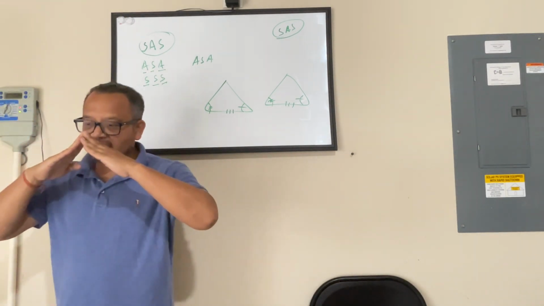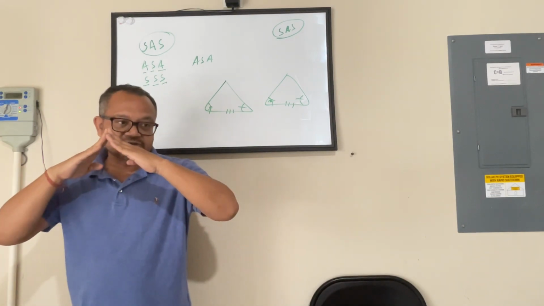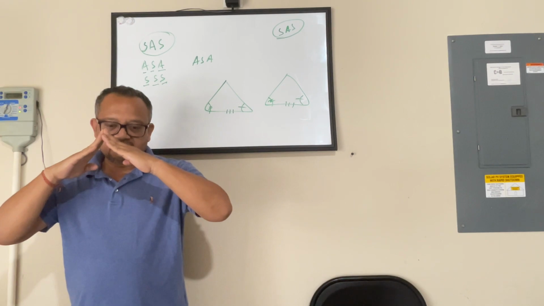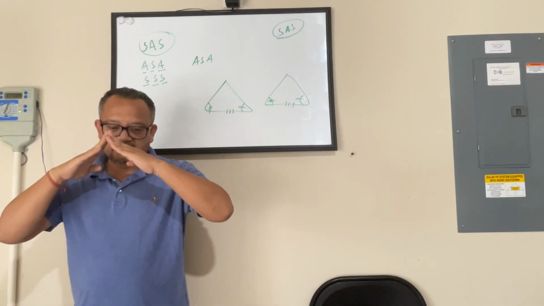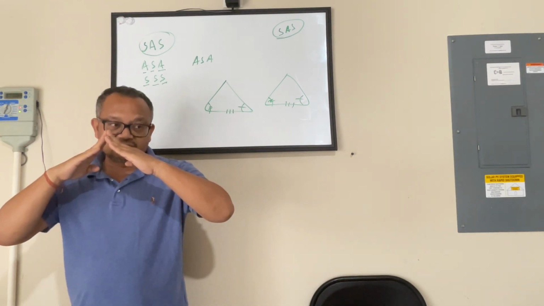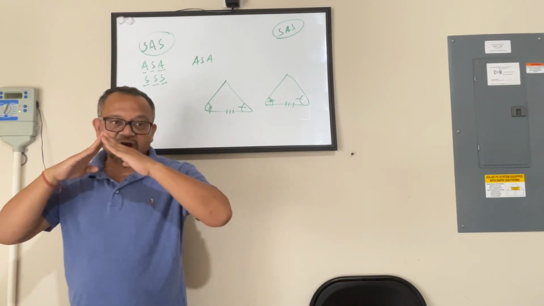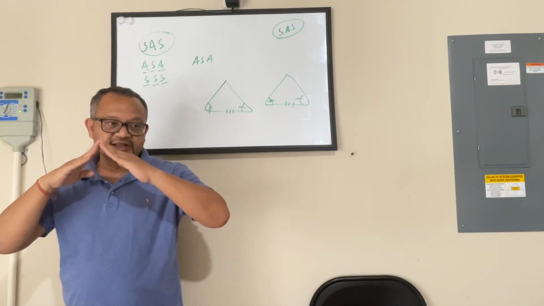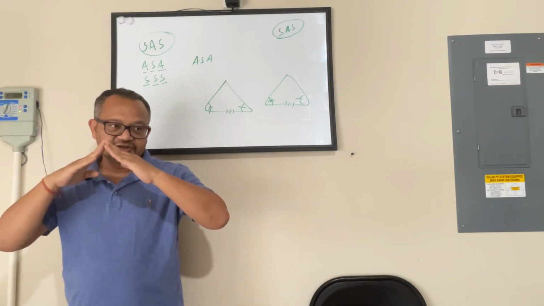I have kept my arms at a certain angle. If the distance between my elbows is the same and the inclination of both my arms is the same, this hand and this hand's length will not change.